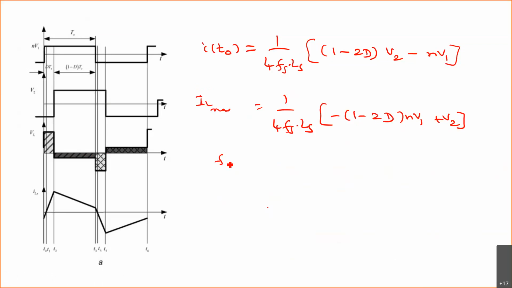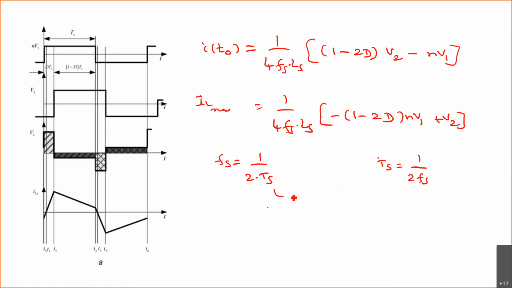This fs is the actual switching frequency. We have the relation that Ts is 1 by 2 fs, since we are taking fs as the full cycle frequency. Therefore 1 by fs is 2 times Ts.